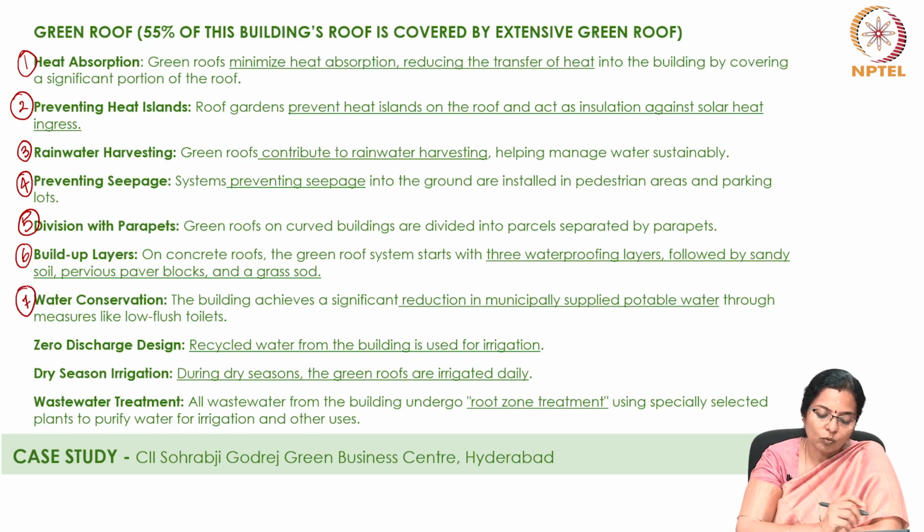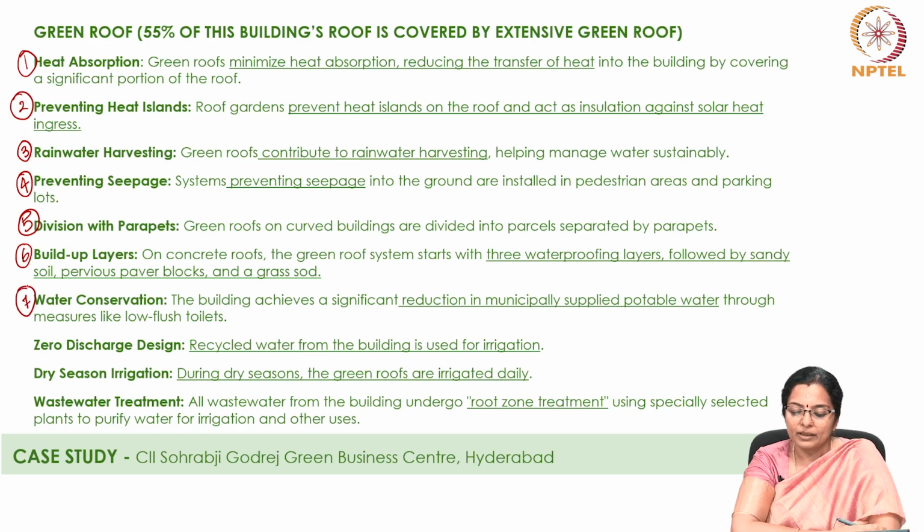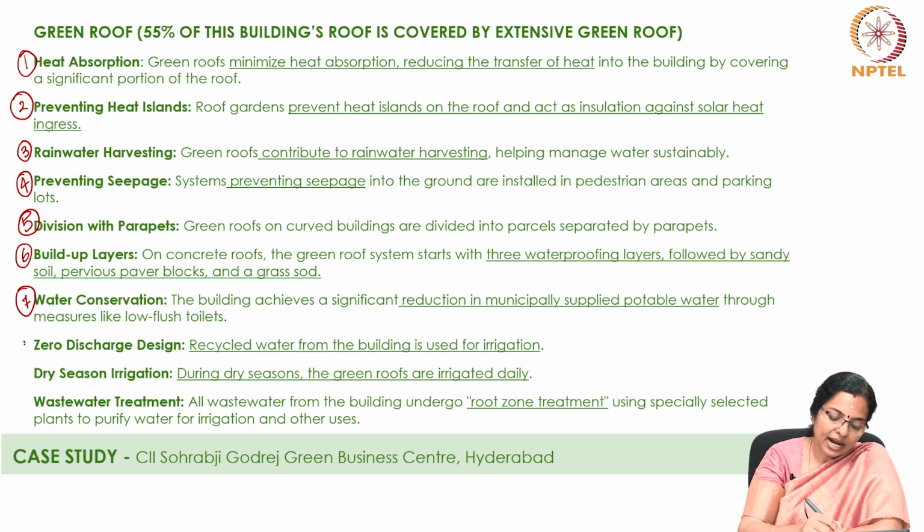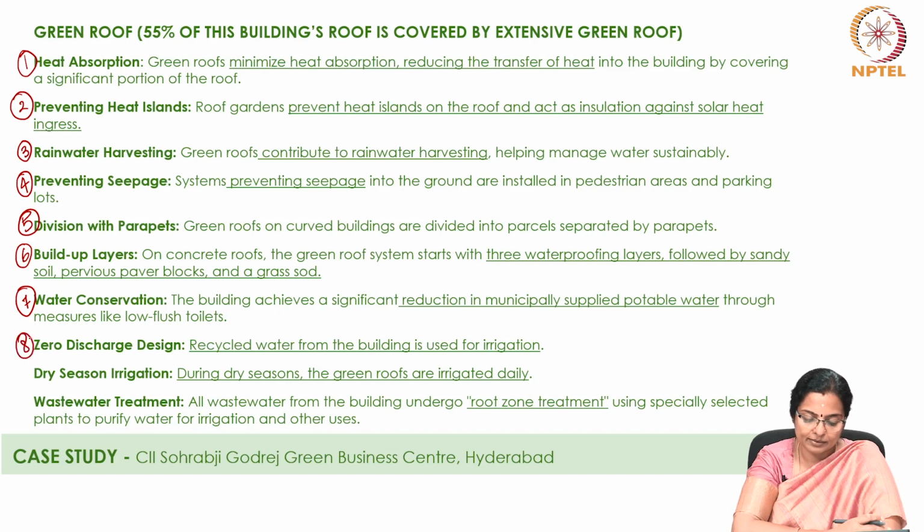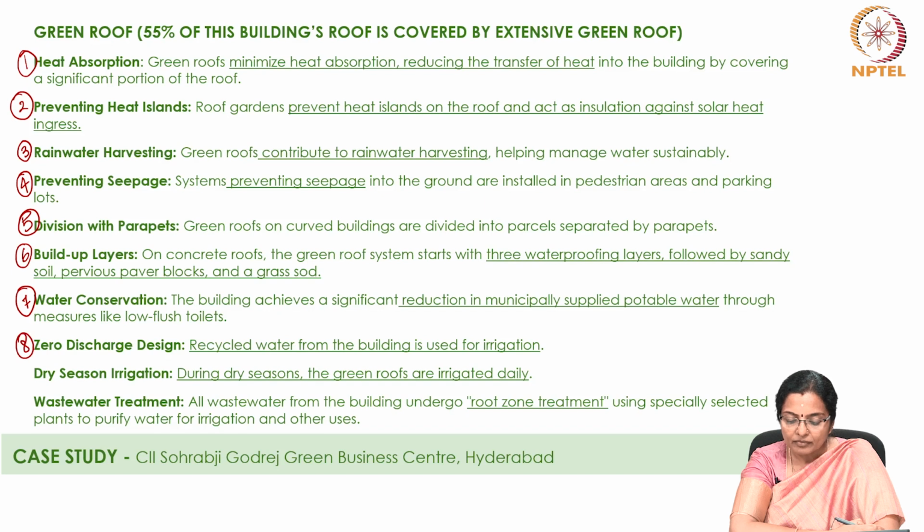Seventh is water conservation. The building achieves a significant reduction in municipally supplied potable water through use of low flush toilets. Recycled water from the building is used for irrigation and watering the plants. Dry season irrigation.